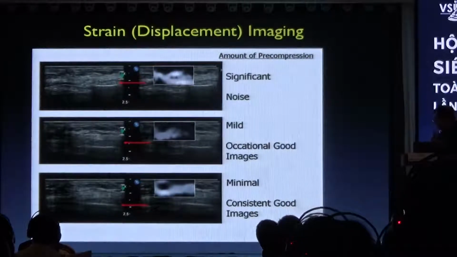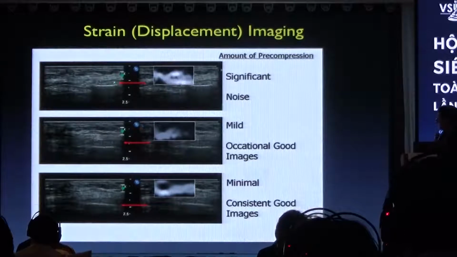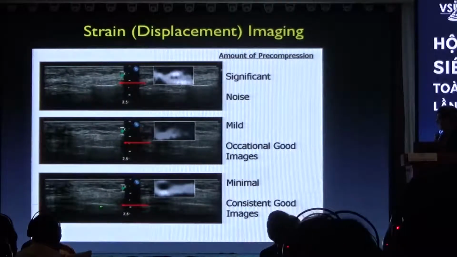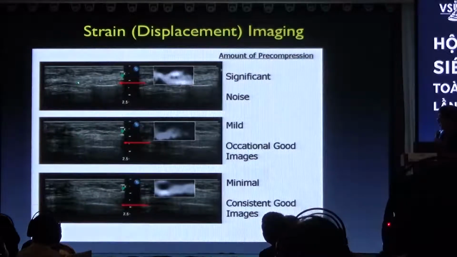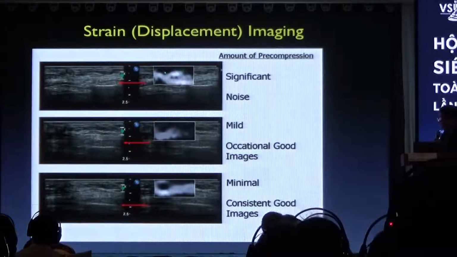The effects of this on strain imaging are, if you apply too much pressure, and here's a rib, it's at about 1.2 centimeters, here it's about 1.7 centimeters, and here it's about 2 centimeters. There's a little epidermoid cyst here. If you apply a lot of pressure, all you get is noise. You really can't get any good information.